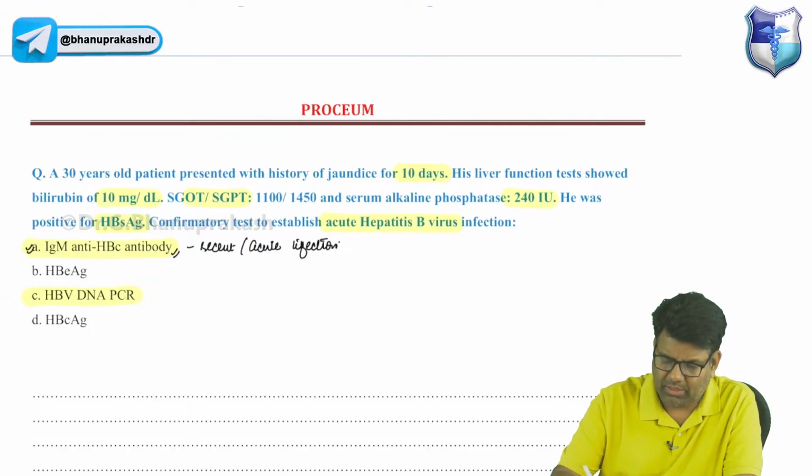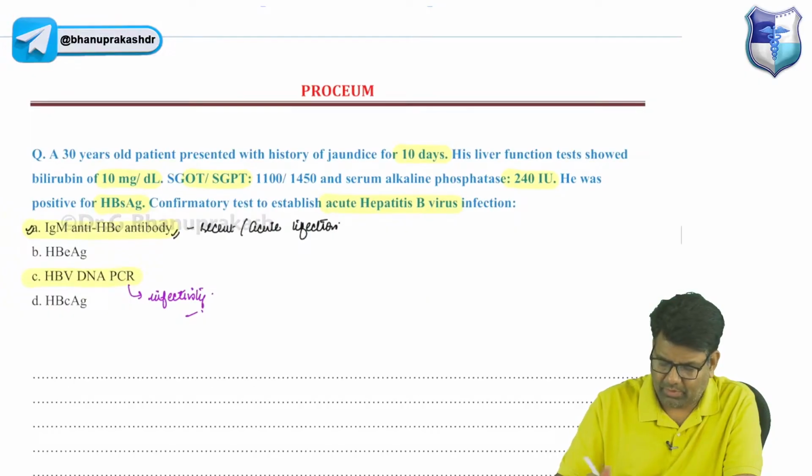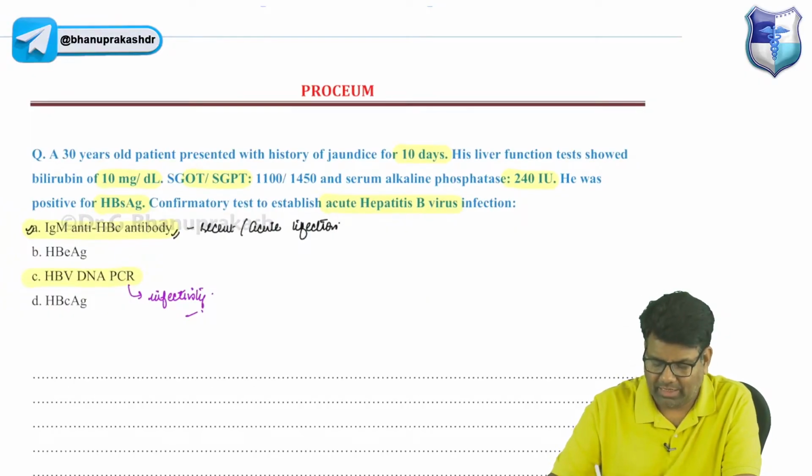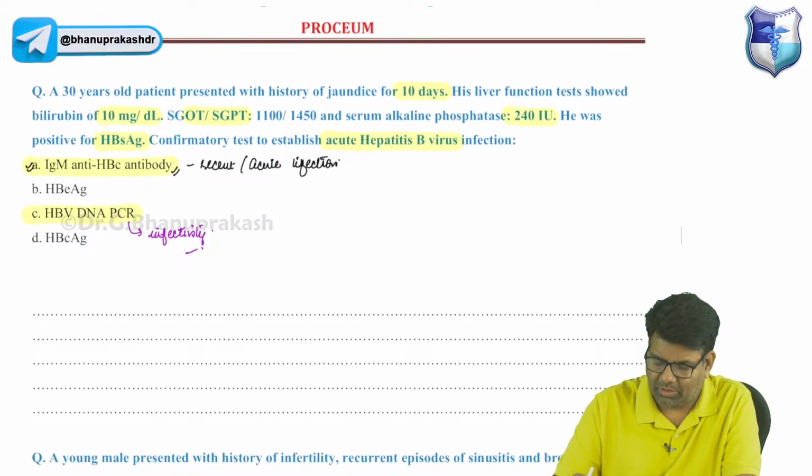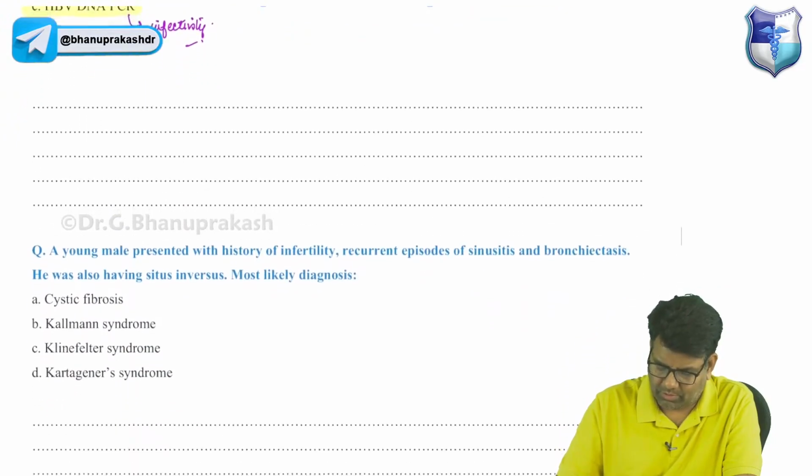We can also do HBV DNA PCR, which also tells about the infectivity. But clinically, we prefer IgM anti-HBc. You can do either of the two, but routinely we do IgM anti-HBc. Clear?